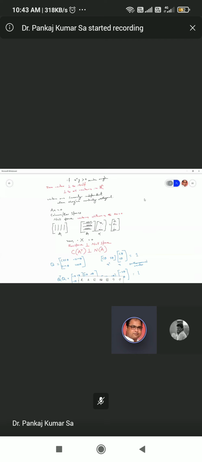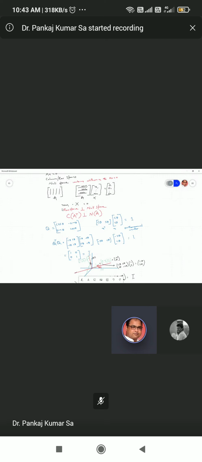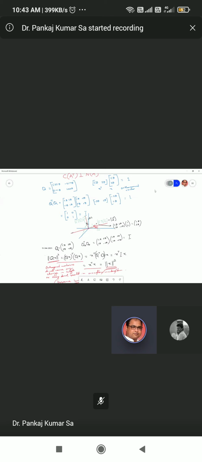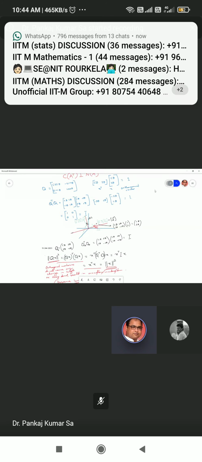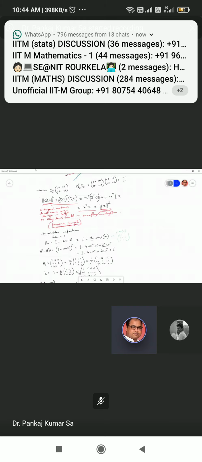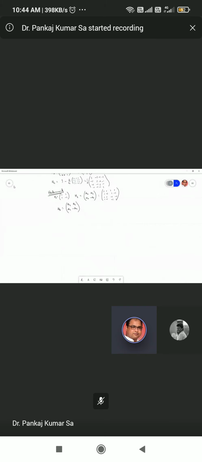Ax equal to b, and that is what the row space is perpendicular to the null space. It is better to write few more properties of Q, I should have written at the beginning of the class itself.